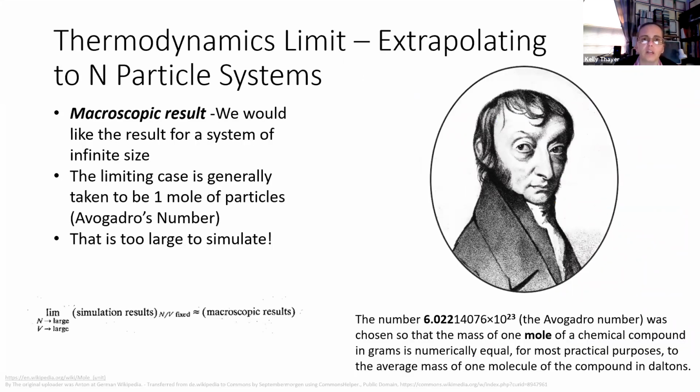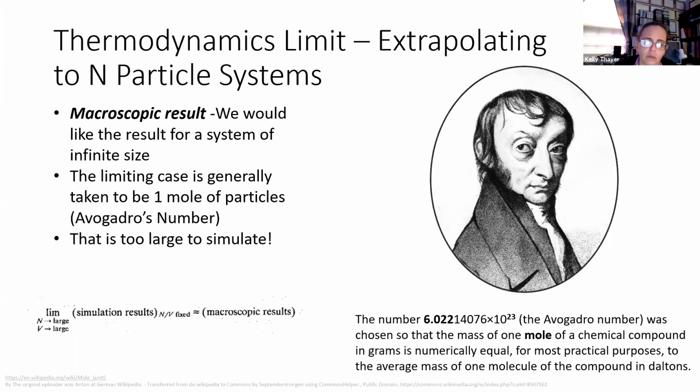We also have the thermodynamic limit that we need to take into account, and so this means we need to extrapolate to an infinite number of particles. Of course, we don't have an infinite number of particles, but we would like to presume that we're saying something about when we had an infinite number of particles. Otherwise, we're simply just reporting on how the particles interact with their container or the artifacts of working in a small simulation. So of course, more sampling is always better.